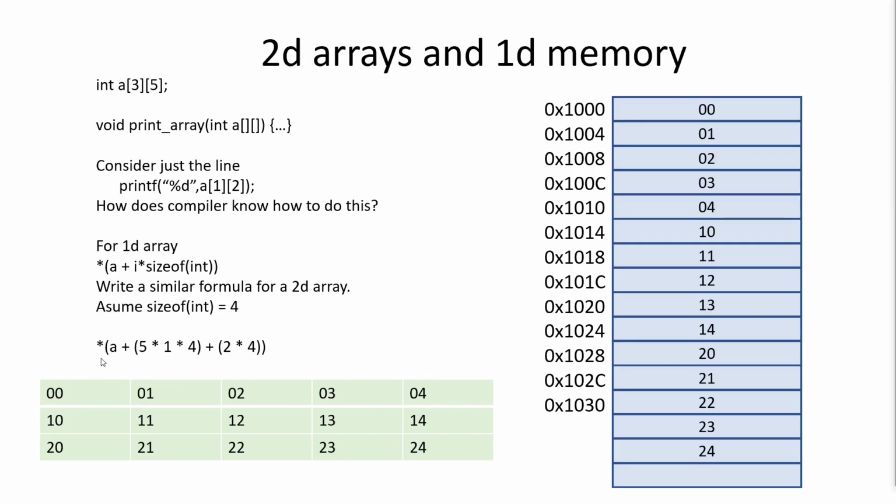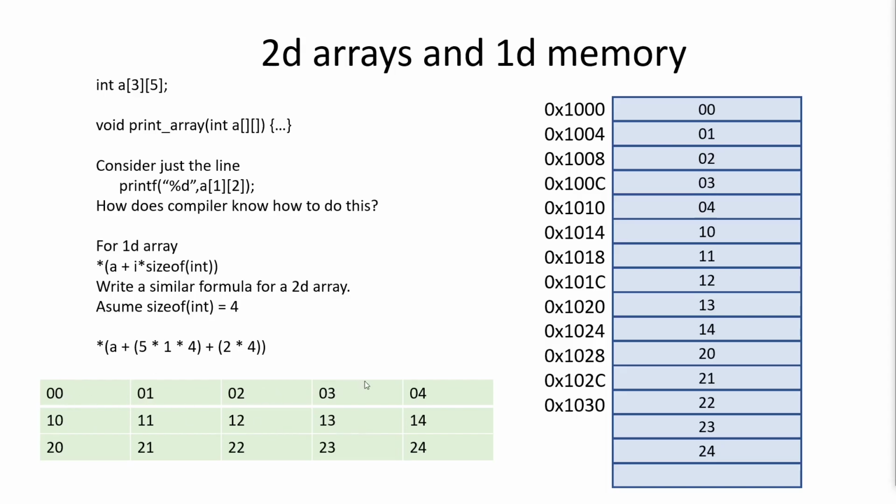So the formula I developed looks something like this. I still need the starting address. And then I did this in 2 pieces. First, I need to jump down to at least this part right here where I start the second row. There are 5 elements, 5 columns in each row. And then I'm jumping down to row 1.